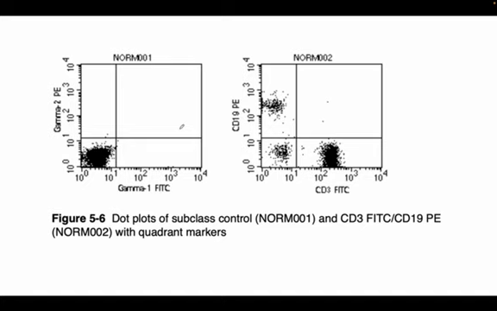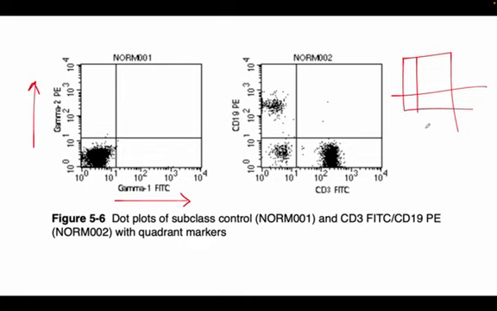Again, as we discussed, if we have two parameters that we're looking at, we can make a dot plot. In our dot plot, since this is one parameter and this is one parameter, we can divide our dot plot into 4 quadrants. If this is parameter 1 and this is parameter 2, in this quadrant, 1 and 2 are both low.